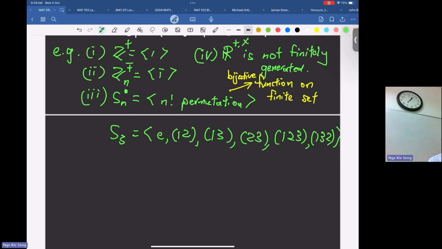Actually, you can generate this group with less. If I'm not wrong, the (1 2) cycle and the (1 3) cycle can generate this group. You can try.